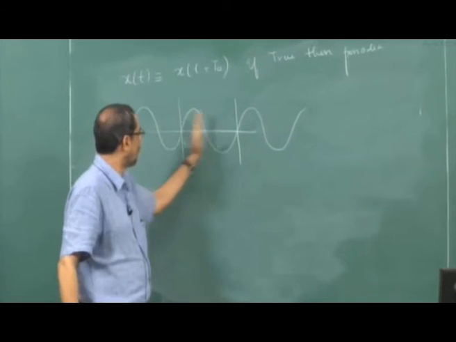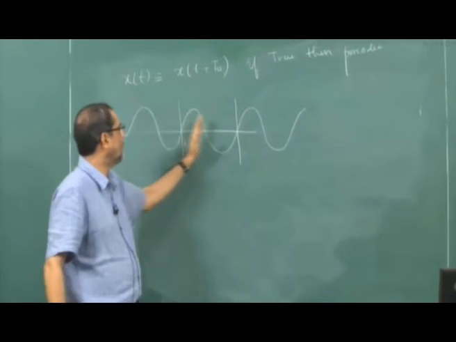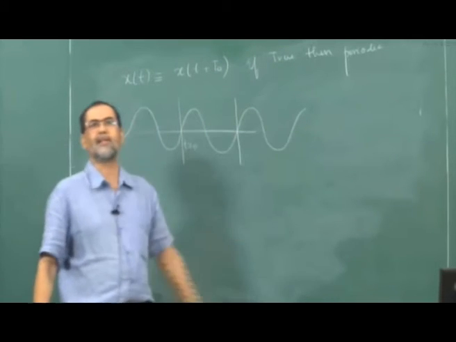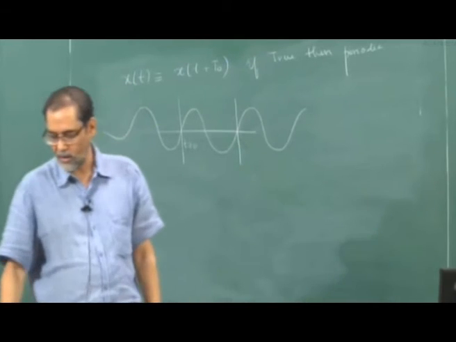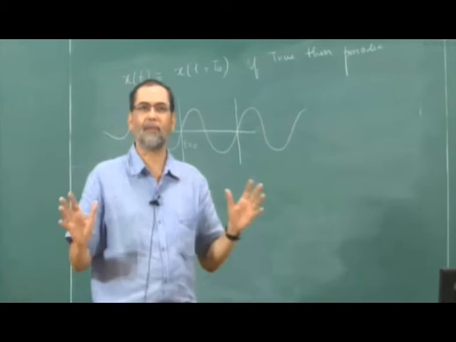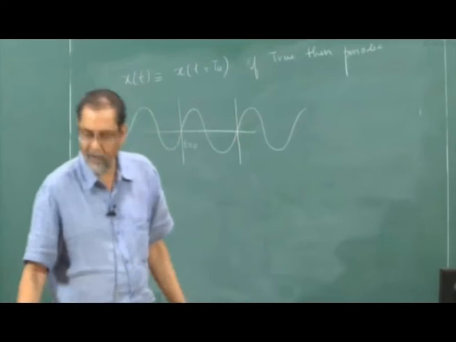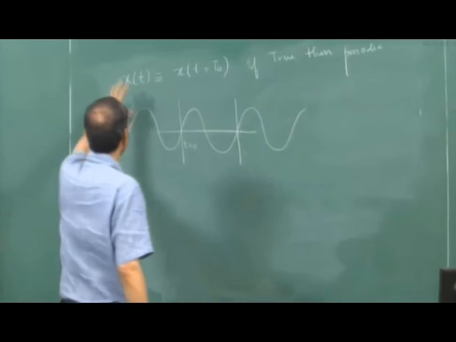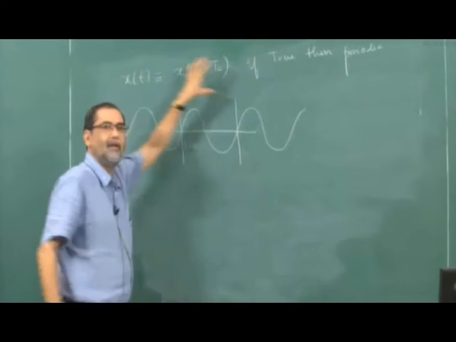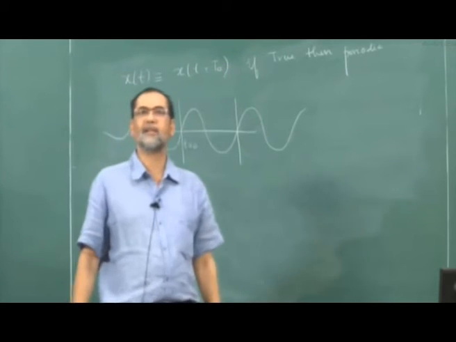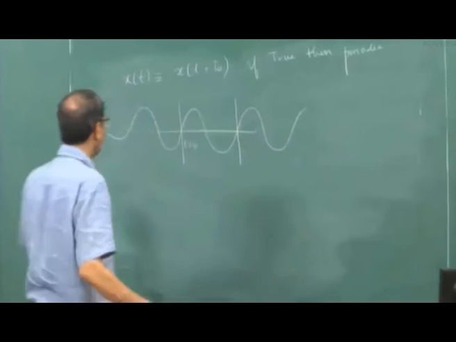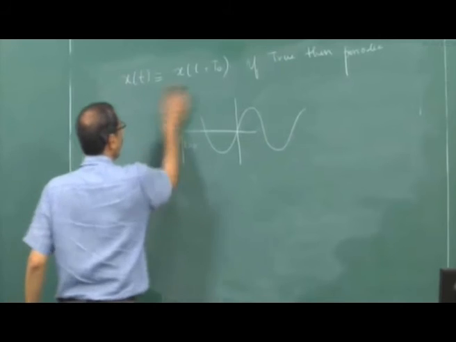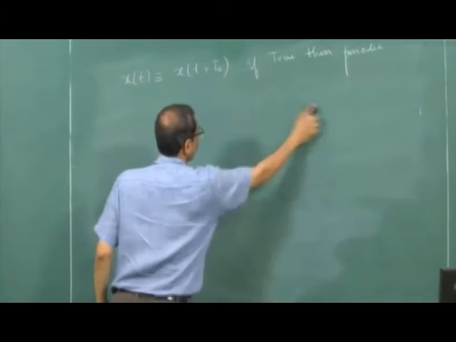Whatever view I get at this point, I get the identical view on this side, right? So the signal is indistinguishable for some value of T naught. This is the fundamental property of periodic signals. It should be identical for some delay T naught, some advance T naught.